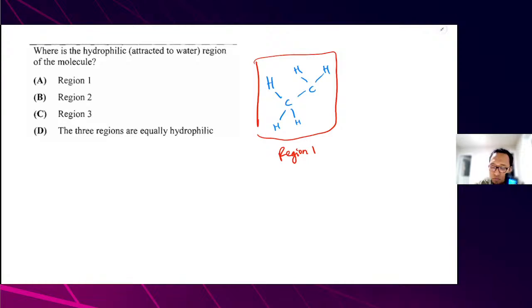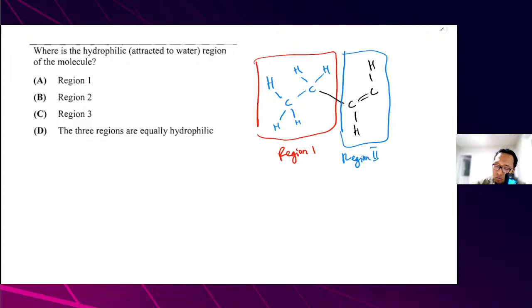The next one is CH2 CH2, and this is region 2. And the last one is CH2 CH2 COOH, and this part is region 3.